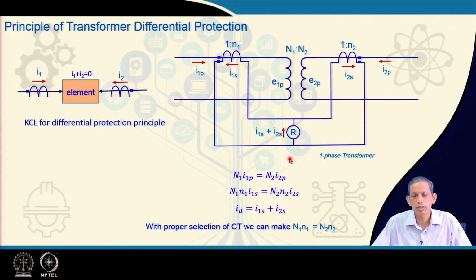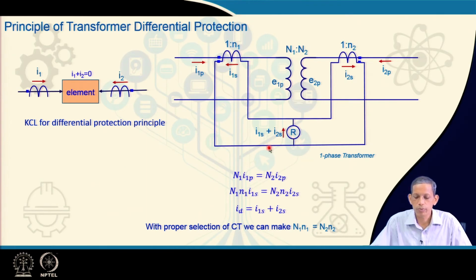The important factor here is how to select the CT ratios 1:n1 and 1:n2, so that the differential current is indicative of an internal fault, not of any external fault. That is the sole purpose of the differential protection for the transformer here.